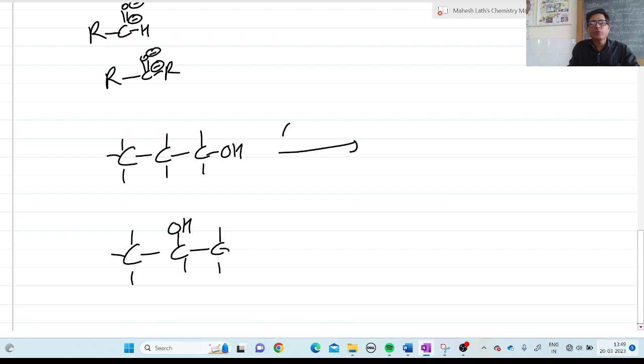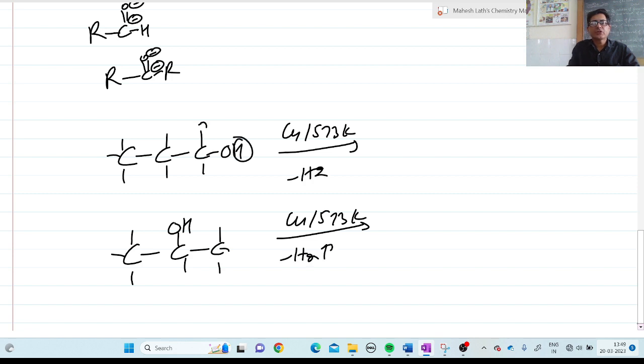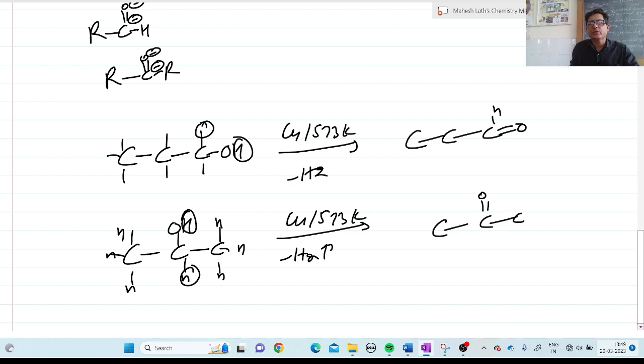When we treat both of these compounds with copper at 573 Kelvin, a dehydrogenation reaction takes place, losing H2 in each. In the first case, an aldehyde is formed which reduces Fehling's solution. In the second case, a ketone is formed which does not reduce Fehling's solution.